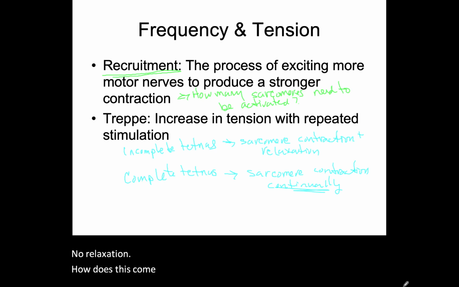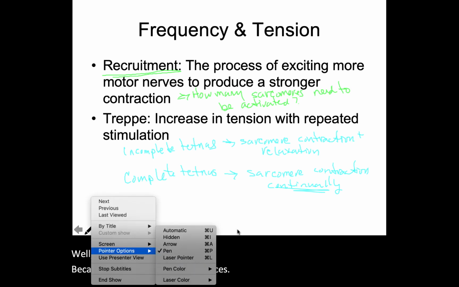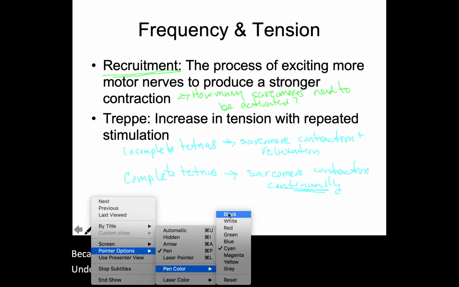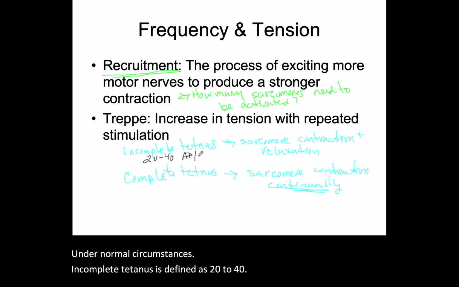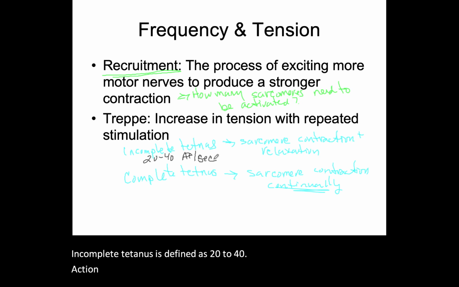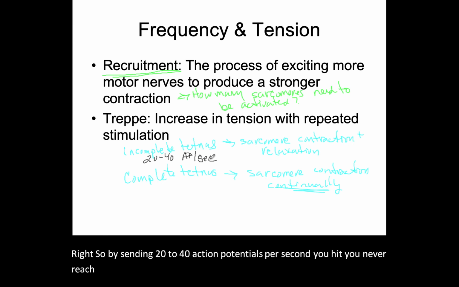Well, this happens because under normal circumstances, incomplete tetanus is defined as 20 to 40 action potentials per second. So by sending 20 to 40 action potentials per second, you never reach a point where those sarcomeres are only contracted.